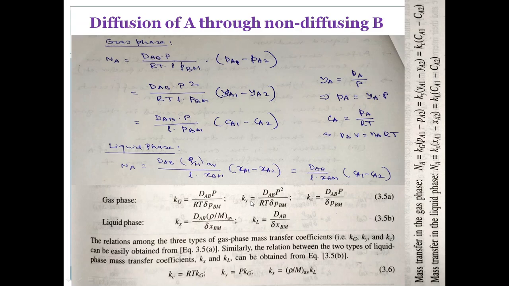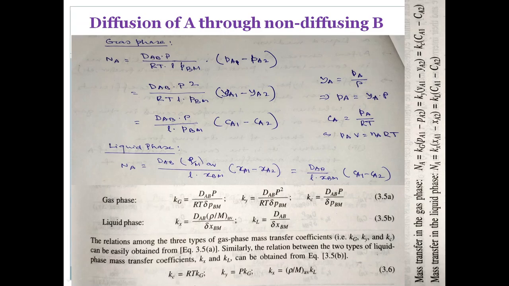Similarly, ky and kg, P square is there, so if you multiply by P, then ky equal to kg into P. Kx equals kL into this term. So this is the relation between the mass transfer coefficients, and that is very important.